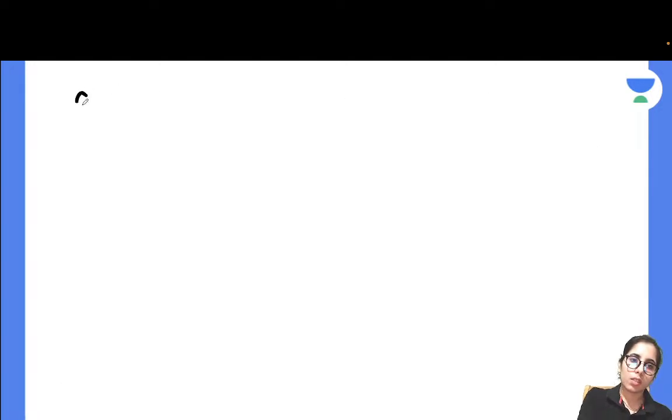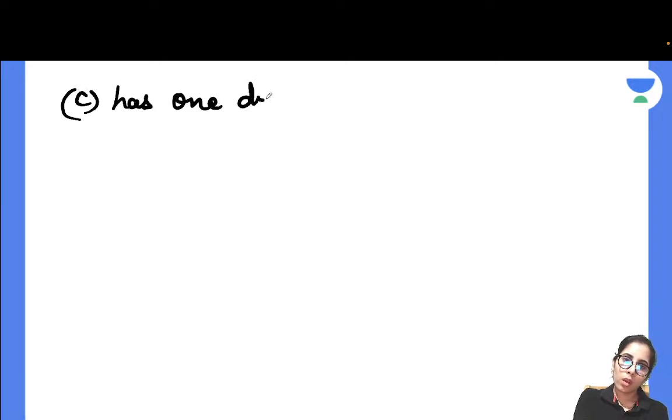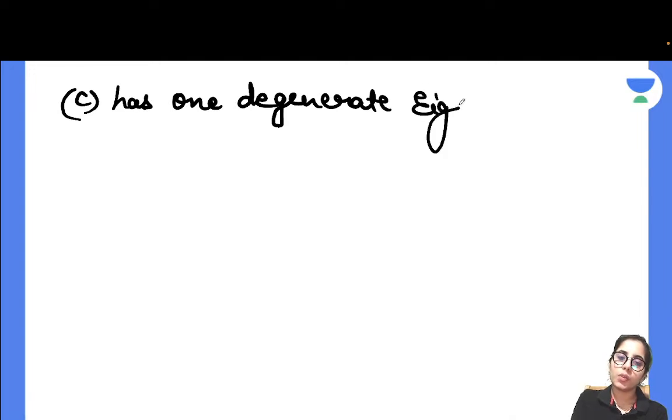Option C has one degenerate eigenvalue with degeneracy n.